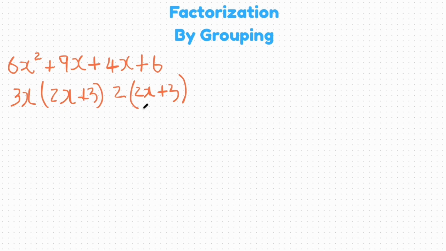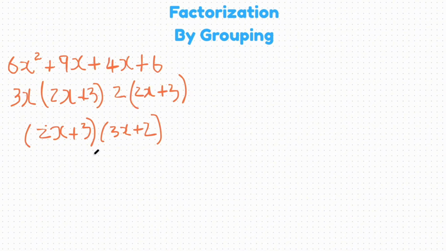We have 2x plus 3 twice, we only need to write it down once, so 2x plus 3, close bracket, then 3x plus 2, that would be our answer when we factorize by grouping.